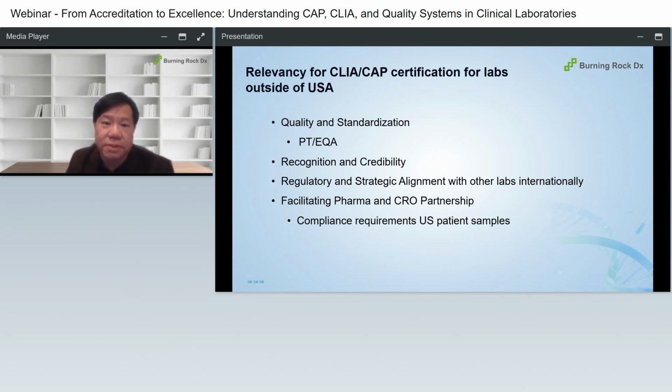So what are some of the relevancies of the CLIA CAP certificate for a lab outside of the US? One thing is that this is a recognition of the quality and standardization of the lab to receive the accreditation status, and additionally there's regulatory and strategic alignment with other labs internationally.